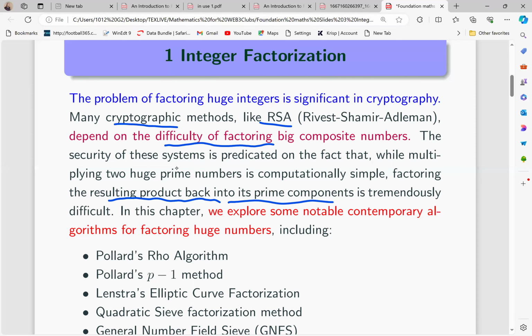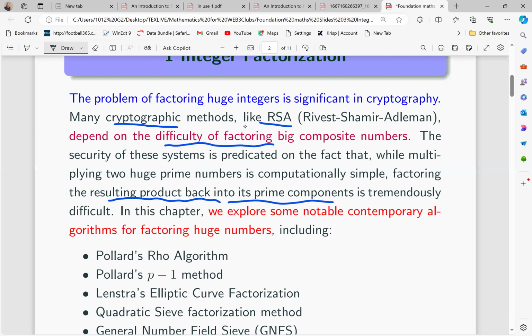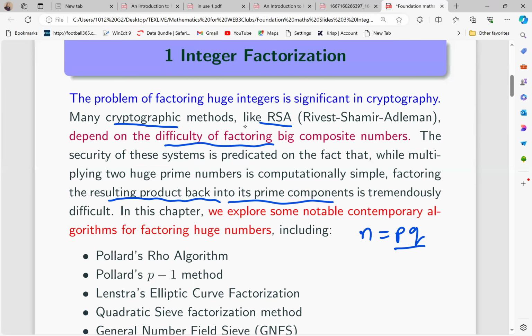For instance, when they talk of the public key and the secret key, the public key is known to everyone, and it includes a number n, which is a product of two numbers. These two numbers are kept secret, but n is released to the public.